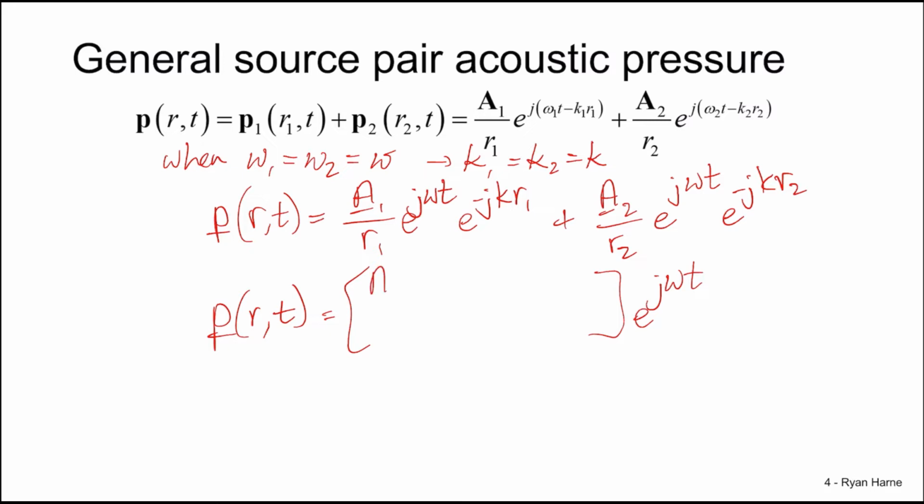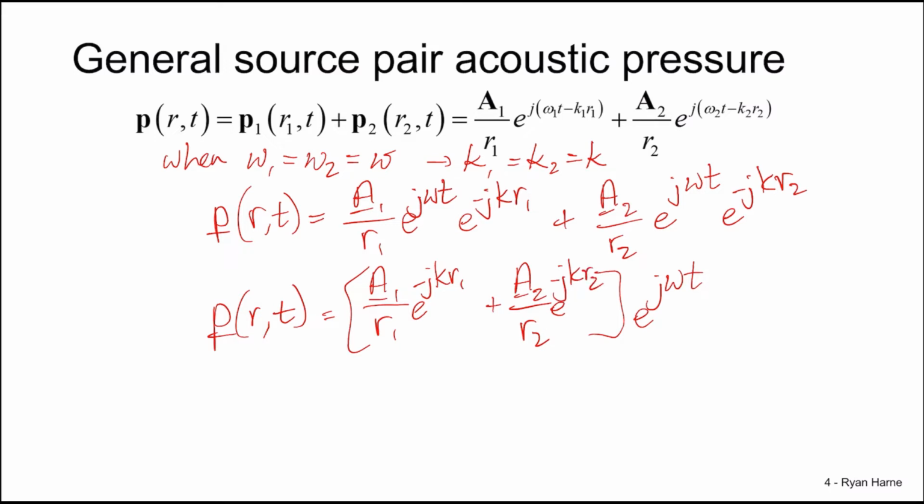The amplitude differences would be complex A1 divided by R1 for the first source, and for the second source, complex amplitude A2 divided by R2. The phase contributions for the first source would be e to the minus j k r1, and the phase contributions for the second source would be e to the minus j k r2.